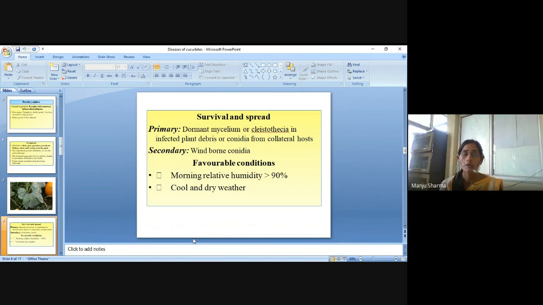The favorable conditions are morning relative humidity of 90% and cool, dry weather. These are the favorable conditions for the pathogen.